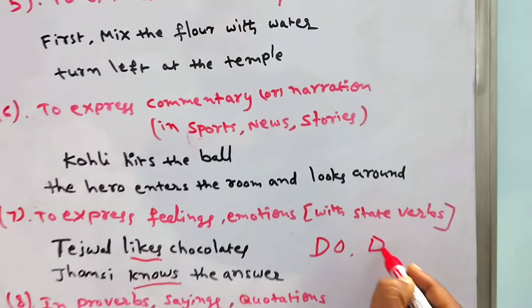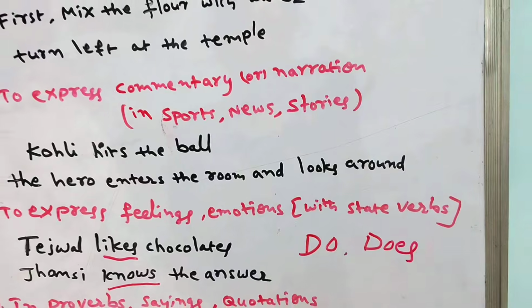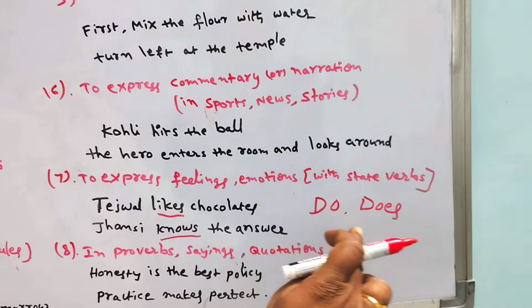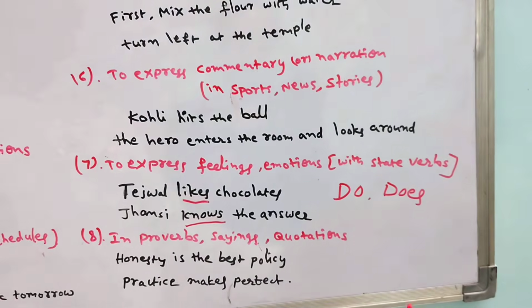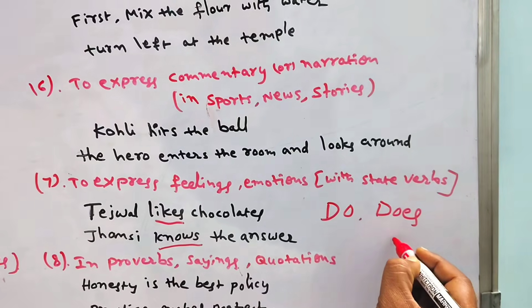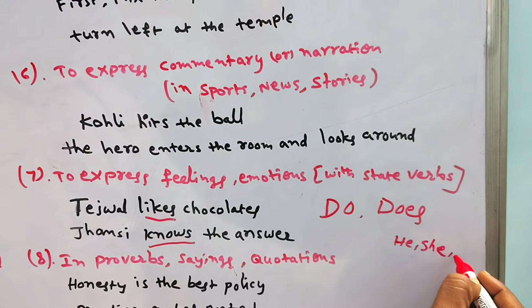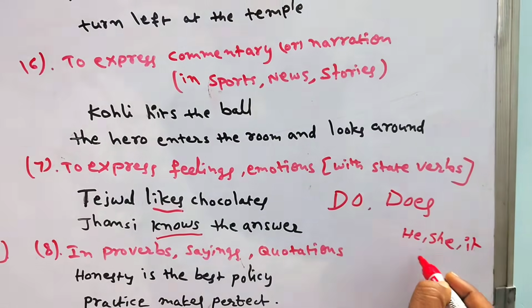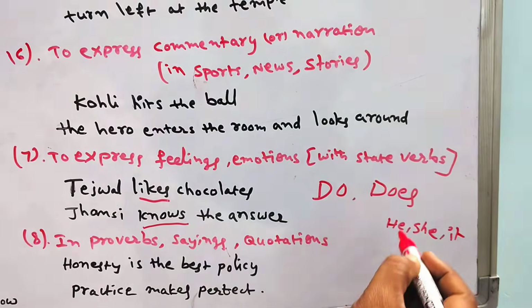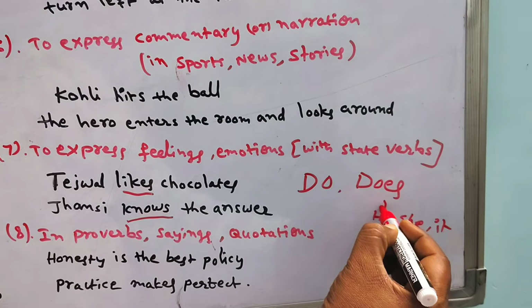So, one more thing here, when we use do and when we use does, that is also very important. Third person singular, that means he, she, it, or any singular noun takes does. Okay.